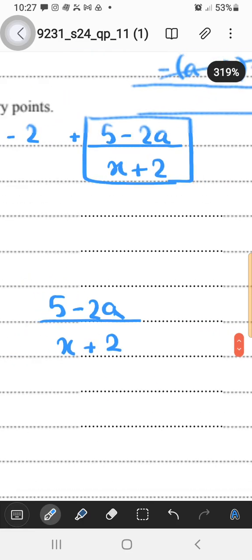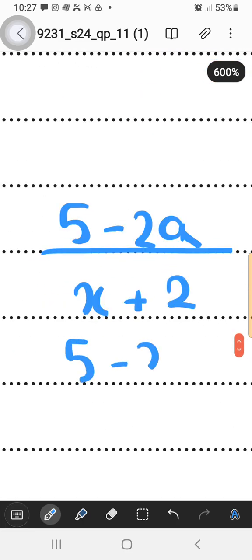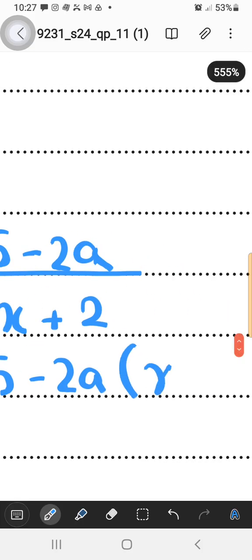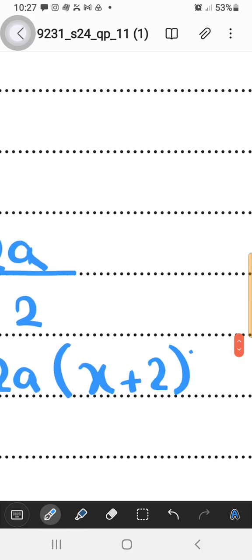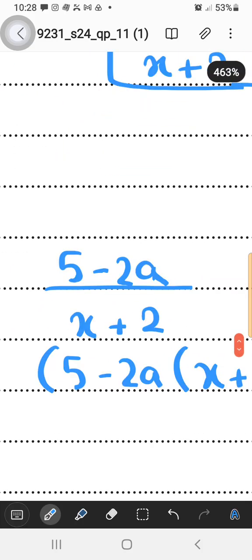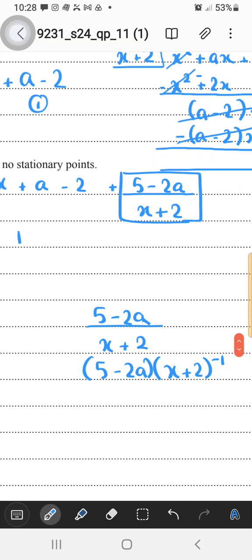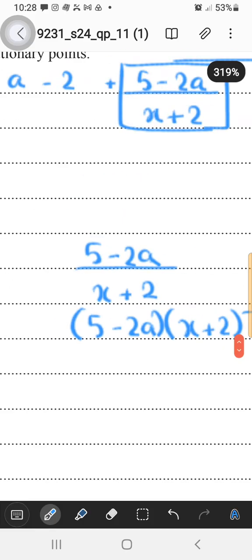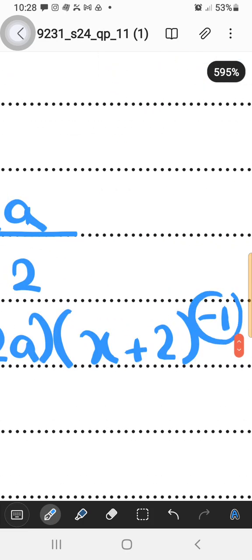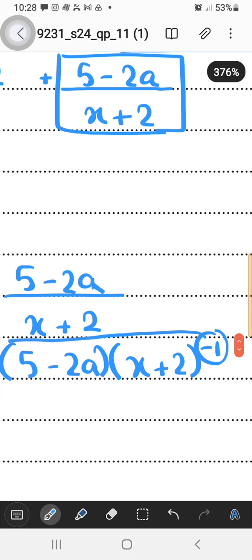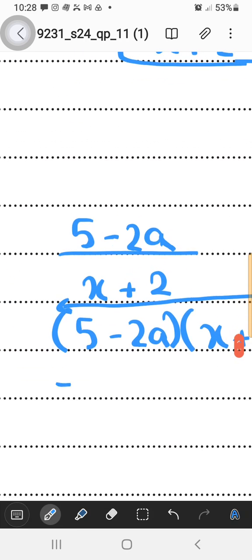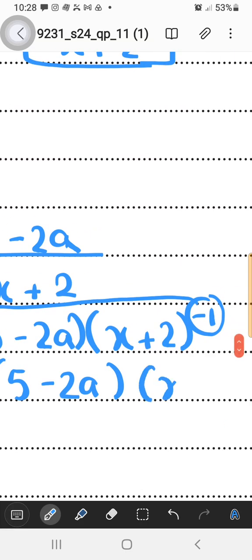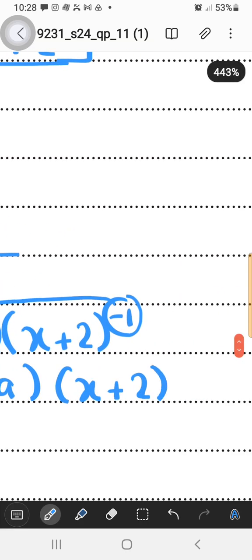We can write it as 5 minus 2a multiplied by (x plus 2) power minus 1. The negative sign goes down, so we can write minus 5 minus 2a, x plus 2, and its power minus 1 becomes minus 2.